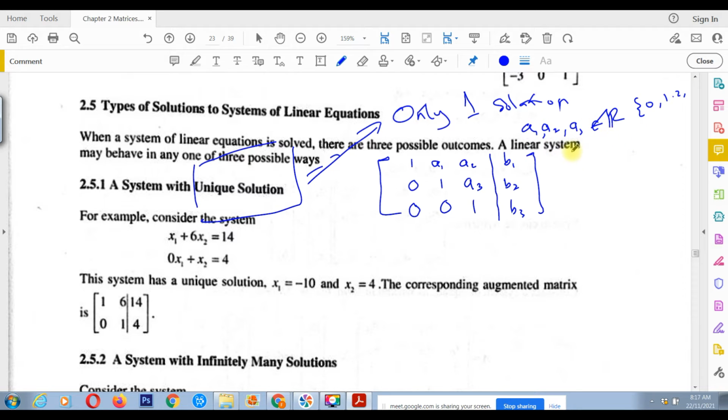B1, B2, B3 are also real numbers. Meaning if B3 equals 0, this system of equations will have only one solution. We can solve this system of equations with one solution only. Okay, if B3 equals 0, so we have this matrix.